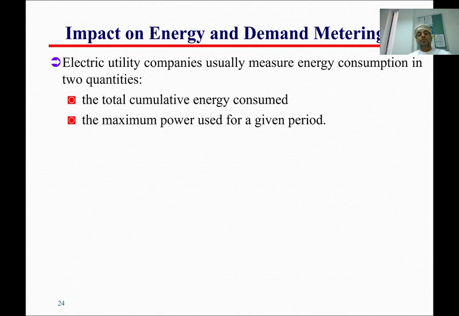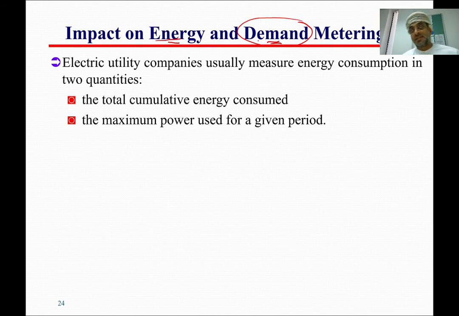Impact of those harmonics on the meter that measures the electrical energy consumed, kilowatt hour, and also on the meter that measures the power demand. As you know, in Oman, big consumers have to pay for both energy and demand.